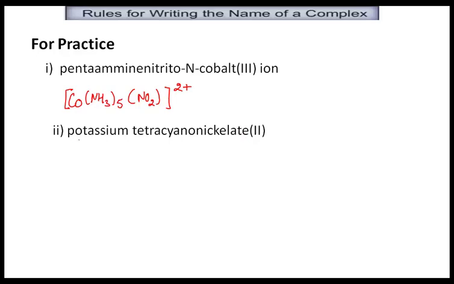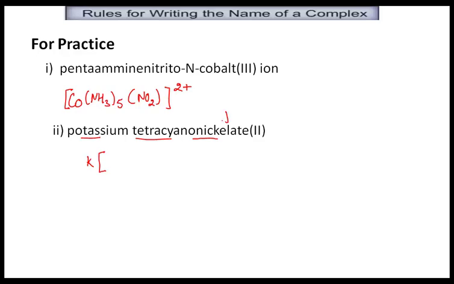Since potassium is given, this shows that this complex will have an anionic coordination sphere, or it will be an anionic complex. Potassium is the counter ion. So we will write potassium, then followed by a square bracket, tetracyanonickelate.